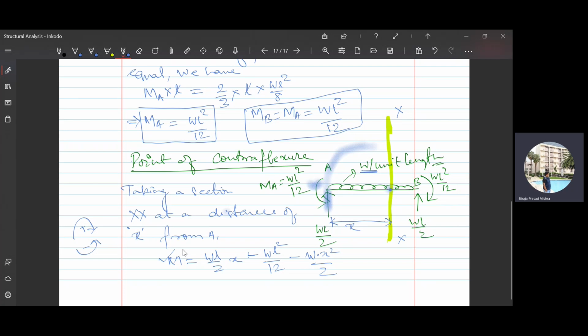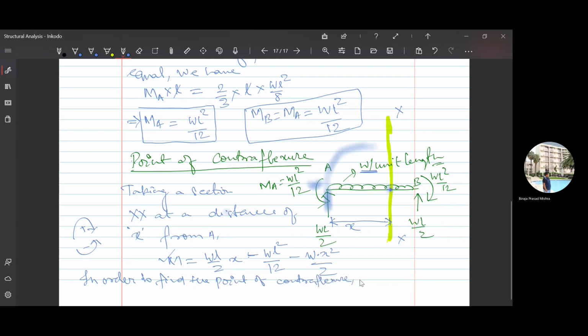So you can write one more line: in order to find the point of contraflexure, equate M equals to 0.